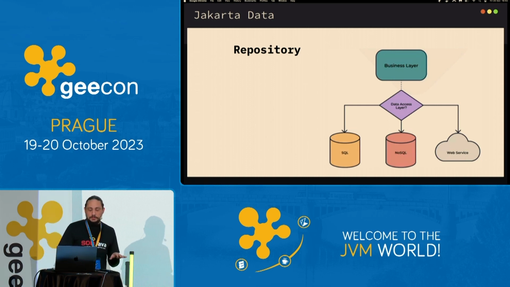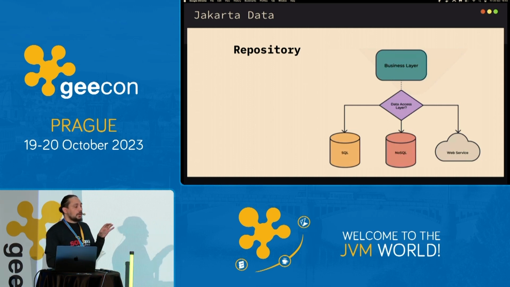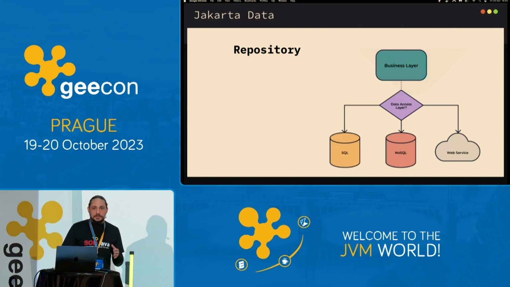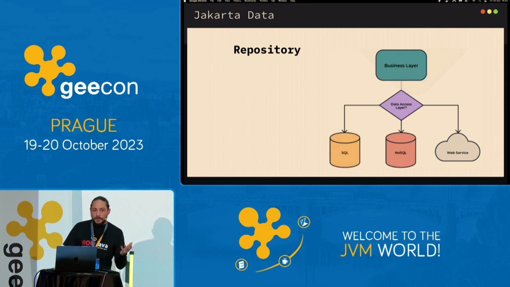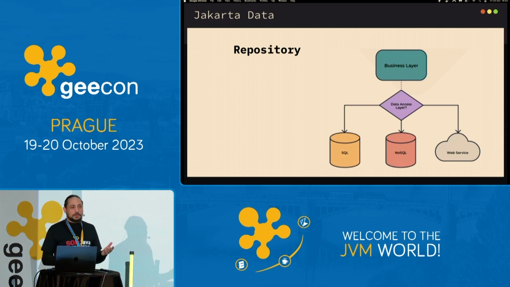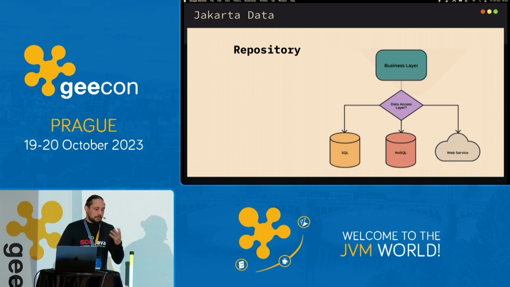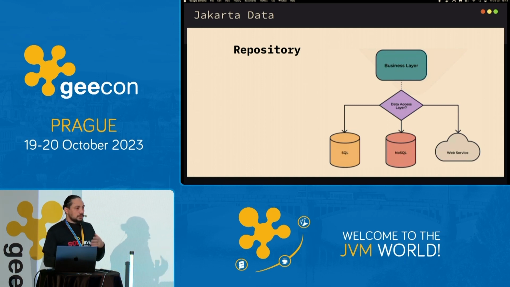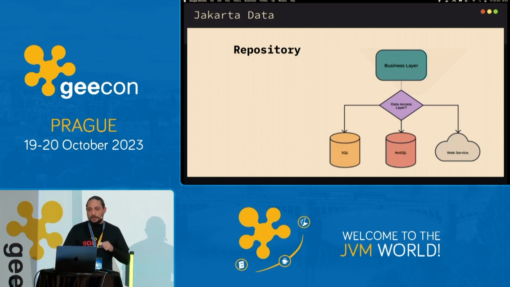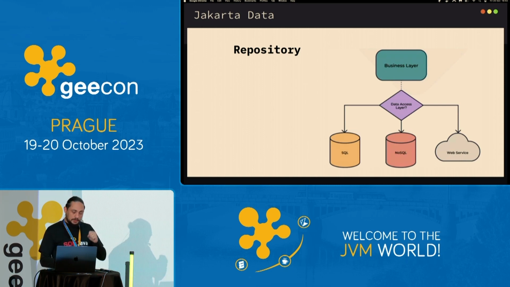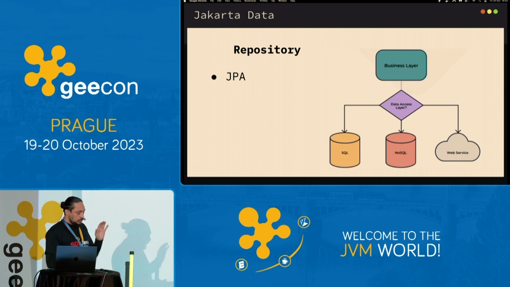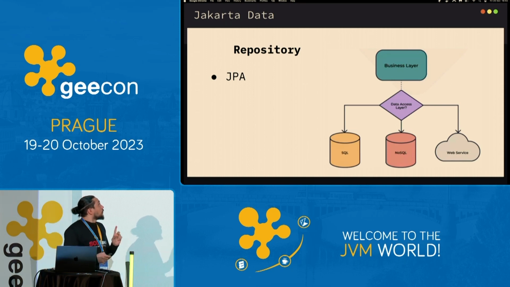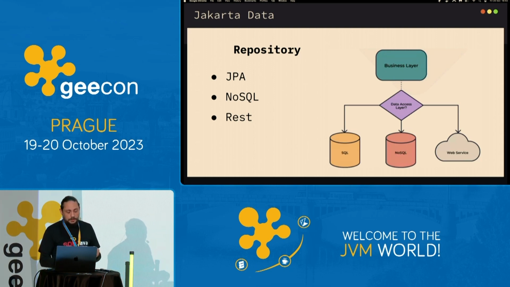As Otávio said before, the business doesn't care if you are saving, updating, or deleting by ID. They just want to say, store that for me, and don't care how you do it. So with Jakarta Data, we can handle JPA, NoSQL, data from REST, and so on.